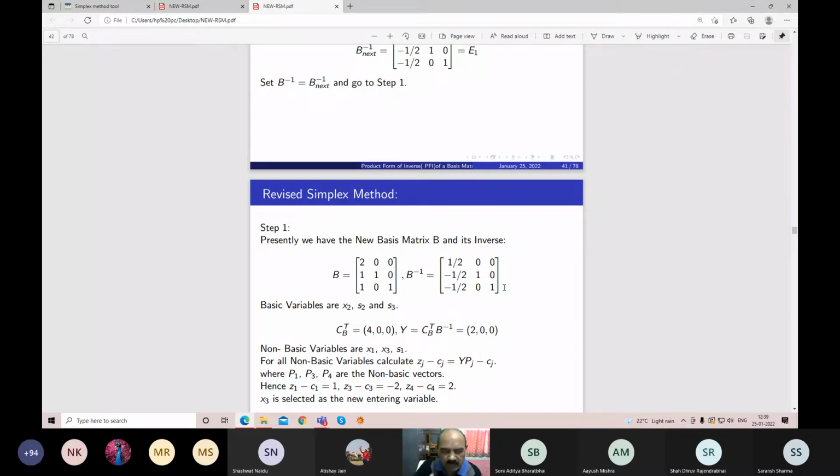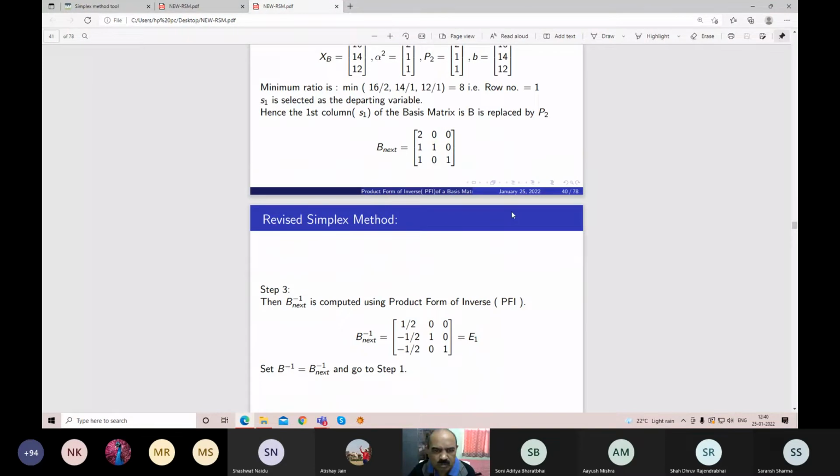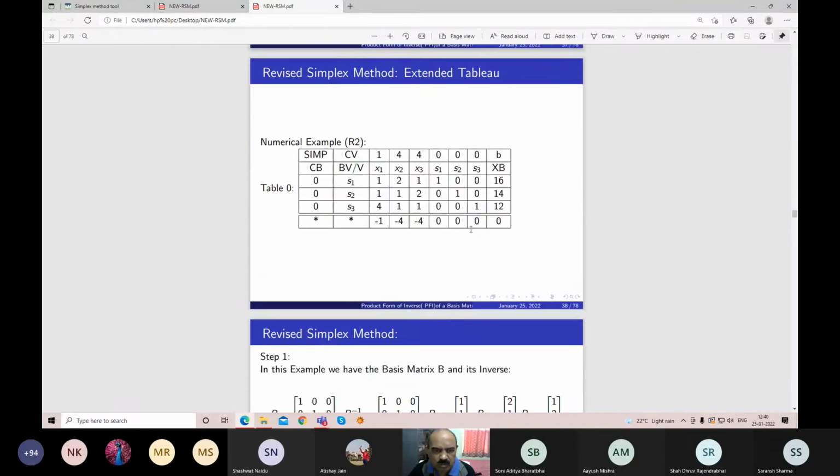After completing step 1, step 2, step 3, I'd like to remind you from the table. What is happening? S1 is becoming a non-basic variable. Which one is becoming basic? X2.